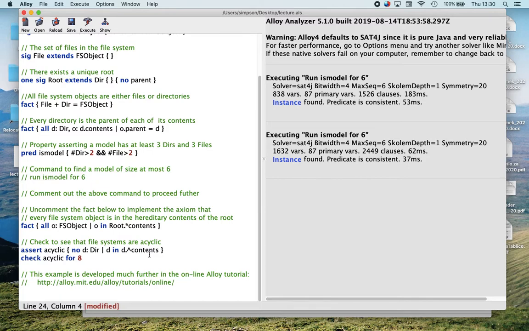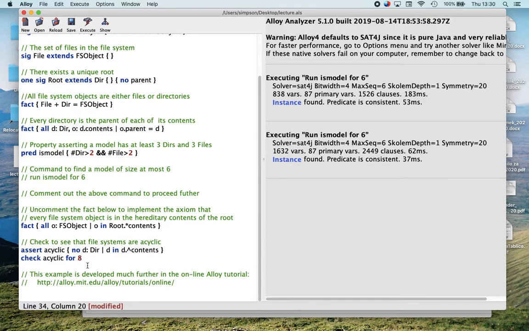Now, as I said in the first part of the lecture, we can't actually check properly that it really is a logical consequence. To do that, we would need to prove that this follows from the other axioms. But we can check that there are no small counter models.